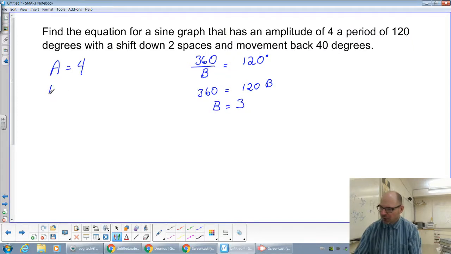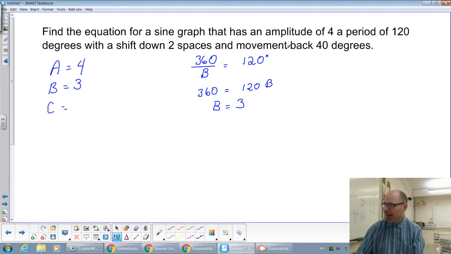So now we know that B equals 3. 120 plus 120 plus 120 gives us 360, or 3 times 120 gives us 360.